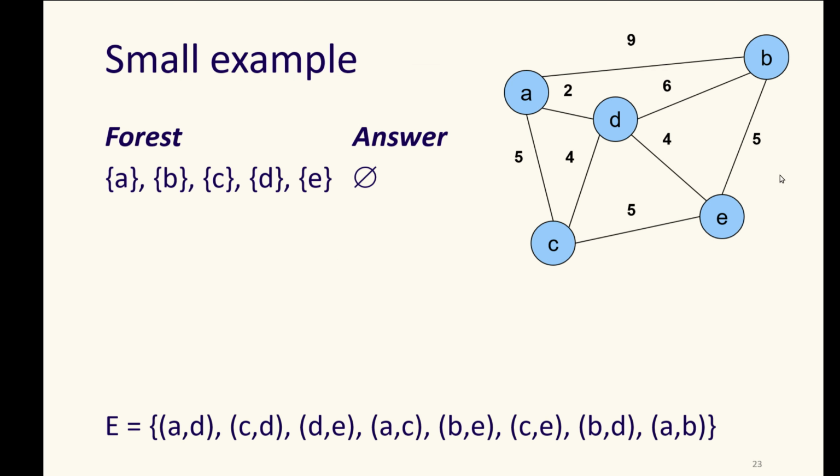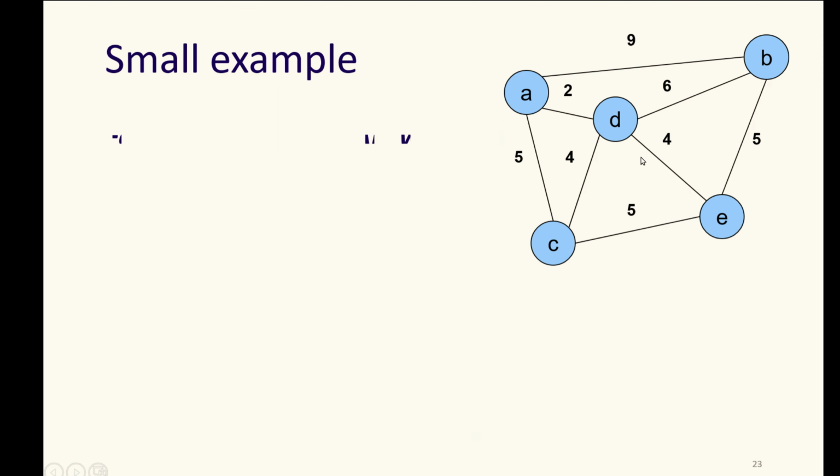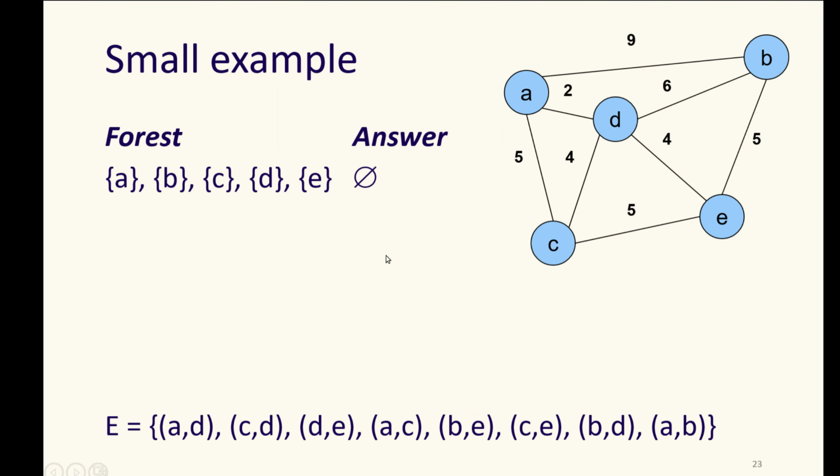So let's look at an example of this. We have a graph with only these 5 vertices in it and some values assigned for those. And we create a forest of all of the vertices in their own individual trees. We have the set of our edges, and down here I have them listed in priority from lowest cost or lowest weight to highest cost or highest weight.